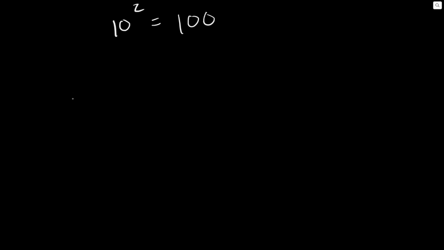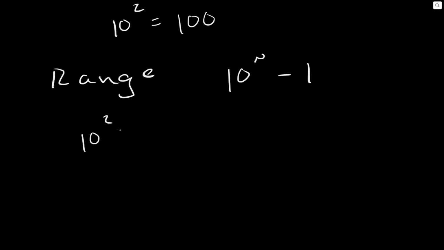So the range is going to be 10 to the n minus 1. So 10 squared minus 1 equals 99. So the range of a 2-digit number is 0 to 99 if we're talking about base 10.